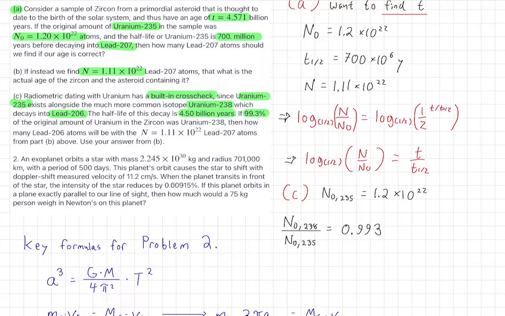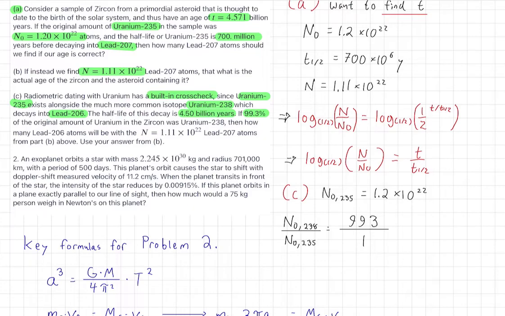So we say then that for every 1 of 235, we have 993 of the 238. If we were to solve for the 238, we see that it's exactly 993 larger, because we have 99.3 to 1.